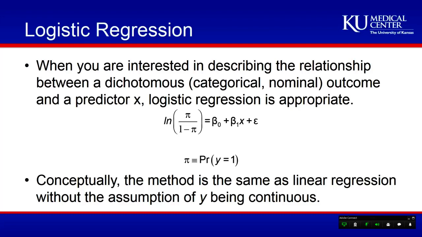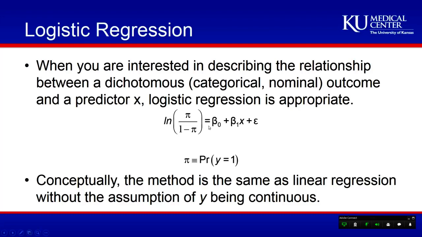Logistic regression is applied when you have a categorical outcome. Generally, the outcome could be a success or failure, yes, no, responded, didn't respond. So you have a dichotomous outcome and any kind of predictor, any kind of independent variable X. The model looks like this.